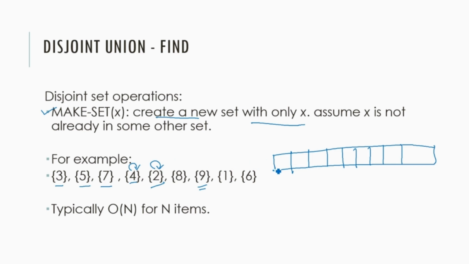Initially we have 9 elements, so we need 9 representatives for 9 sets, and we will put the representatives in the corresponding cell. So cell 1 is represented by 1, cell 2 is represented by 2, 3 is represented by 3, and so on. So for n elements, this operation takes big O of n.